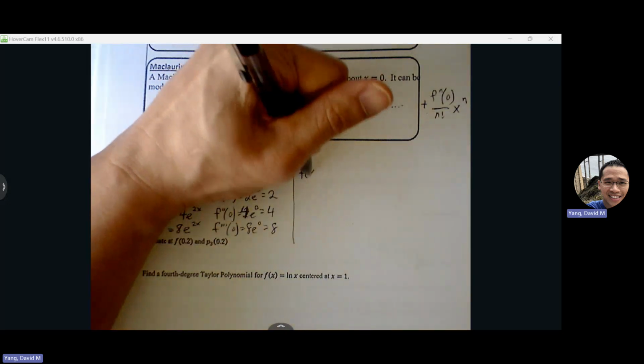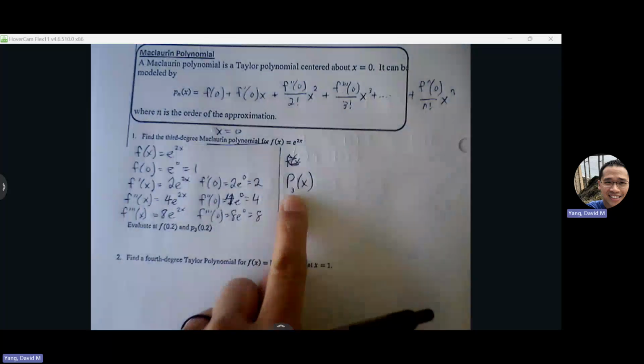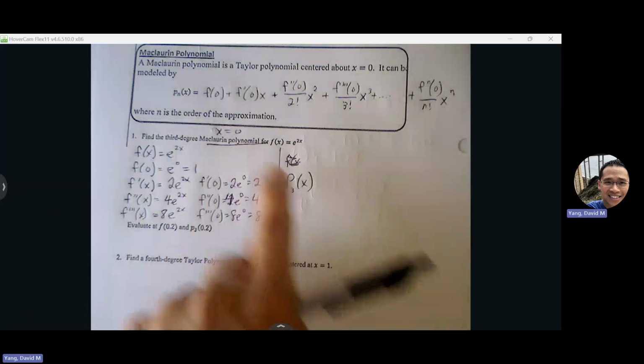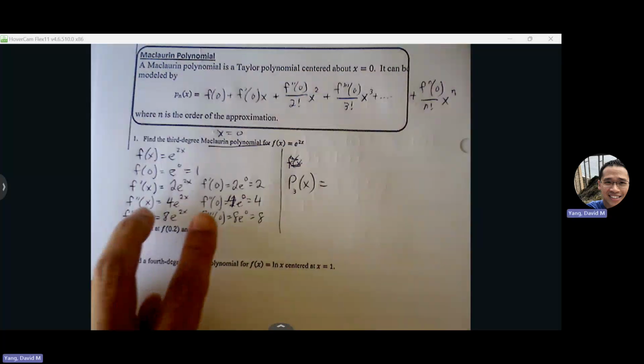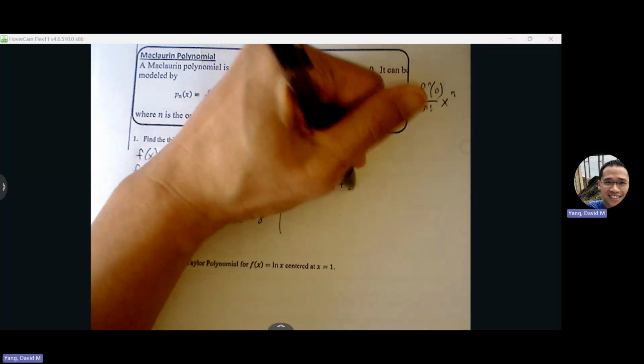So f of x equals, let's call it p sub 3 of x. That just means that we're building a Taylor polynomial of a third degree. It's only matching the function that it is trying to imitate up to the third degree. Equals, basically, point slope form. So it's 1 plus 2x.